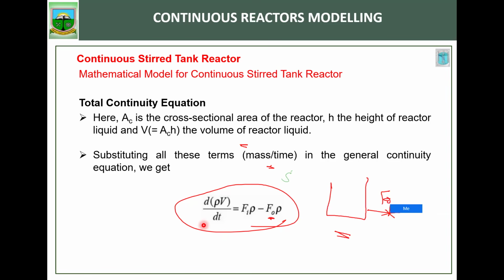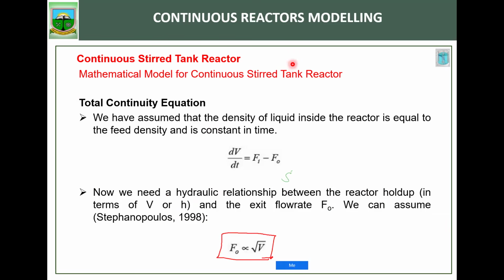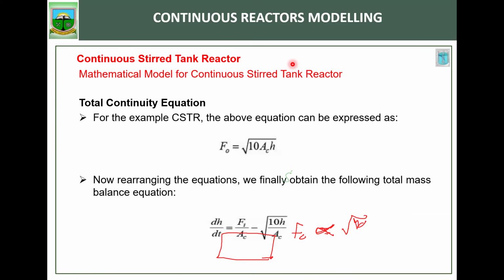The FO is controlled by the equation of this valve. So in this perspective, for a normal CSTR, the flow out FO is related to the volume of the reactor. And this is further given for this kind of CSTR as equal to root of AH, experimental.